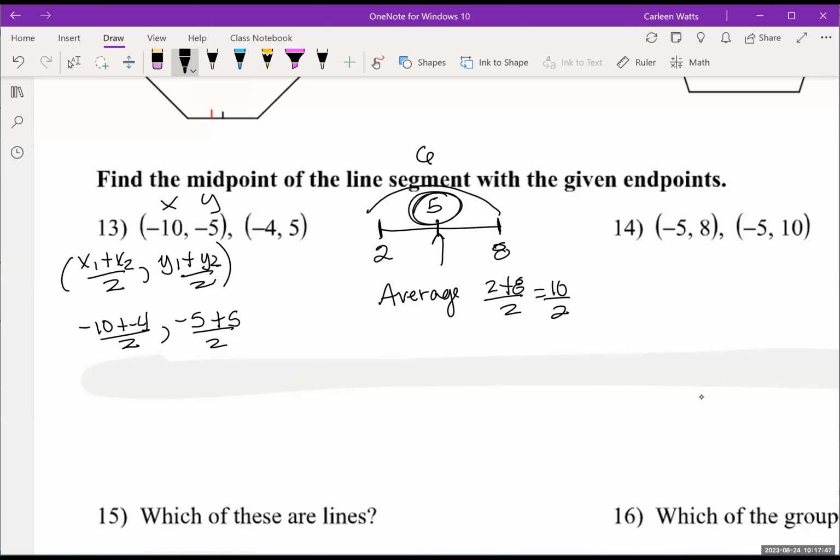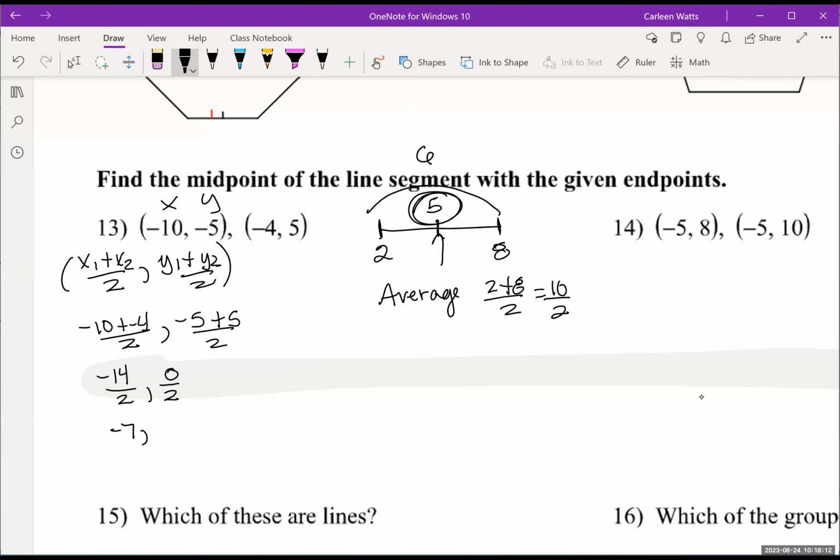And simplify. -10 plus -4 is -14, right? Same sign sum. Okay, -14 divided by 2 is -7. 0 divided by 2.